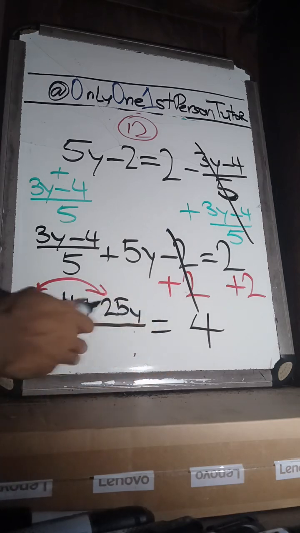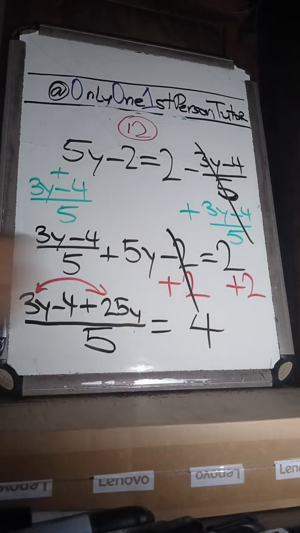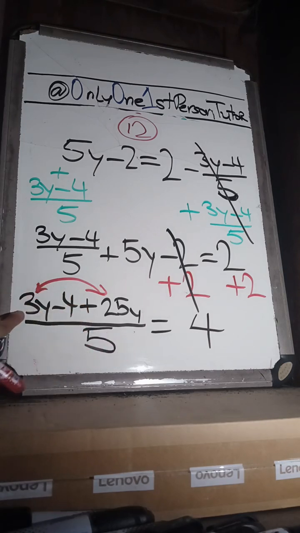Now they're all over the same 5. Plus sign here, so 25y plus 3y.